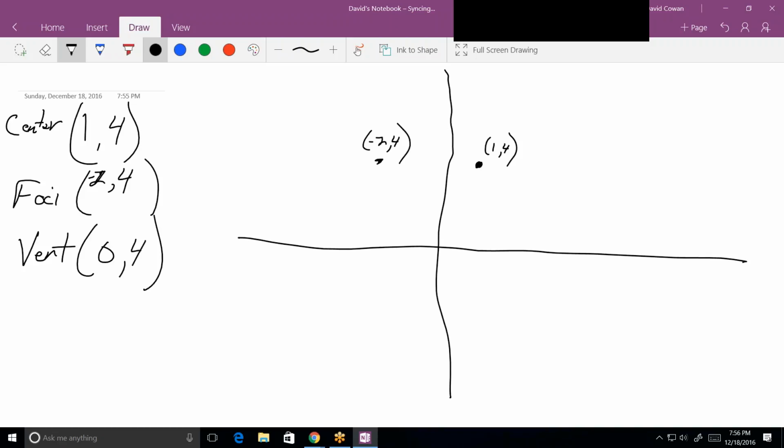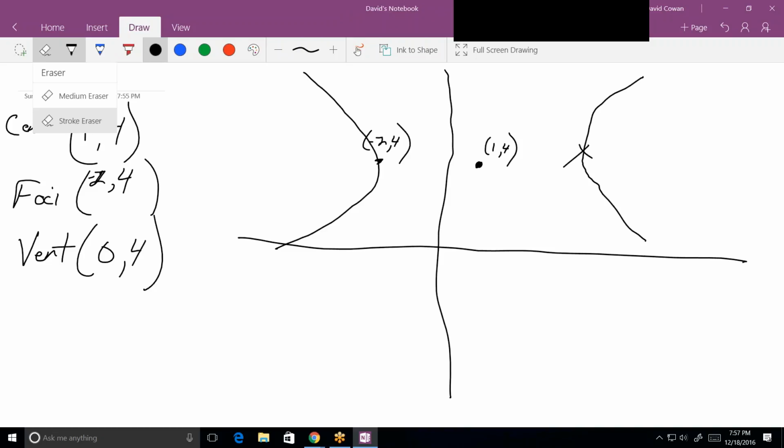Is it horizontal or vertical? Horizontal. In other words, I know that it's going to do something like that and something like that. And do I know the other vertex? Negative 2, 4 is one of the foci. Oh, not the vertex. Yeah. The one vertex it gives is at 0, 4.